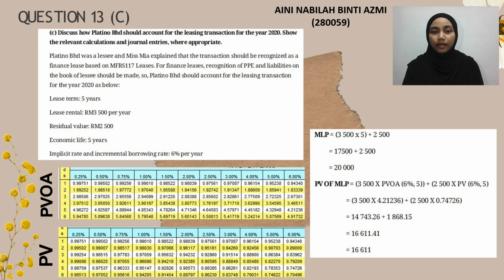For the next step, I calculate the PV of MLP using the table below. As you can see, the above table was a table of PVOA and the below was a table of PV. And the answer I got was 16,611.